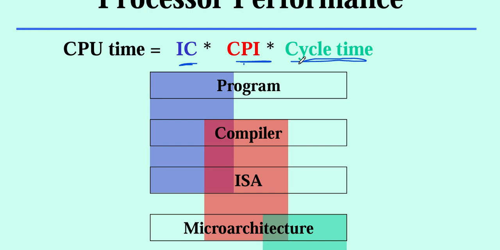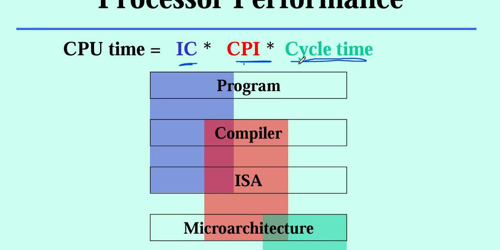Now, maybe you may have a CPI of one, but you have a cycle time of maybe 200 nanoseconds. So it means that your one clock cycle takes 200 nanoseconds. Maybe I have a CPI of four, right? But I'm taking a clock cycle of 50 nanoseconds. Now, at the end of the day, we have the same CPU time.